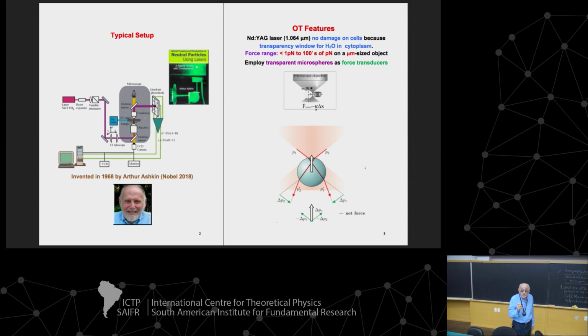That's how you know what the force is being applied by the microsphere on the object. All right. Here is the Hooke's law. The force is the elastic constant, which is characteristic of the beam, multiplied by the displacement.